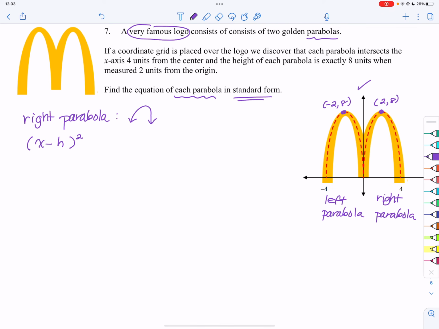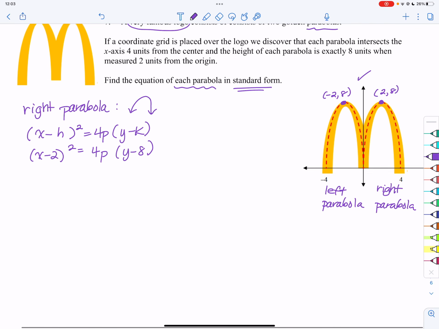And so we can go ahead and write our vertex. I'll write this equation. Using that vertex, we have (x minus 2) squared, we have our 4p, and we have (y minus 8).